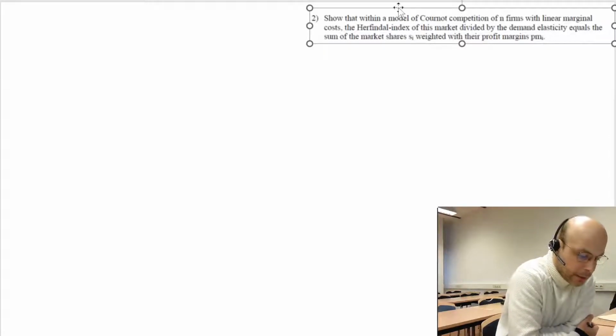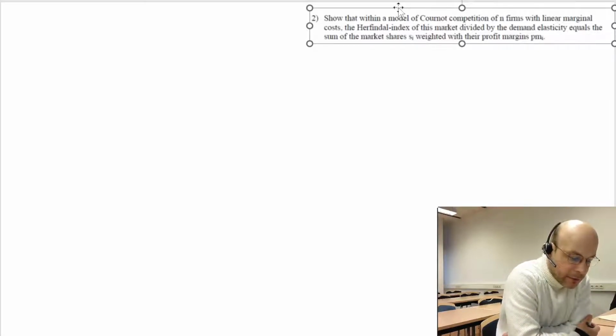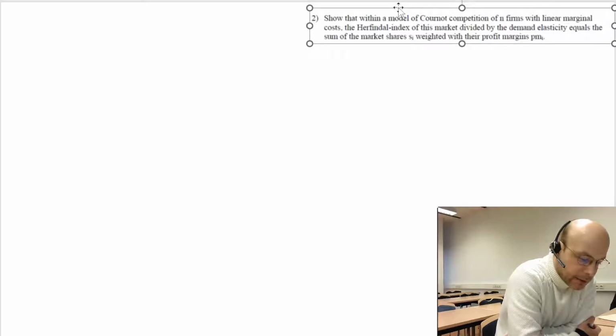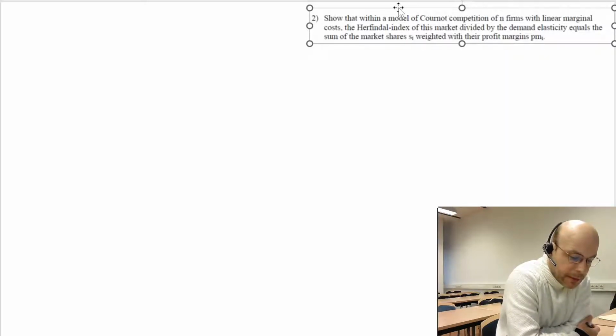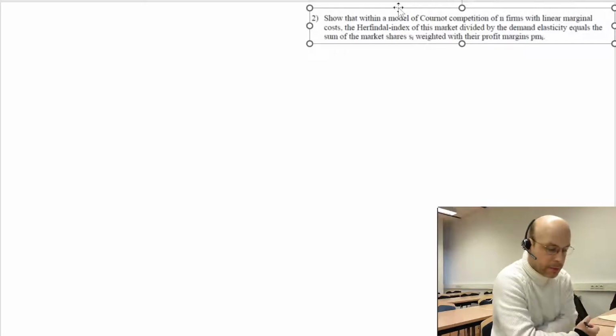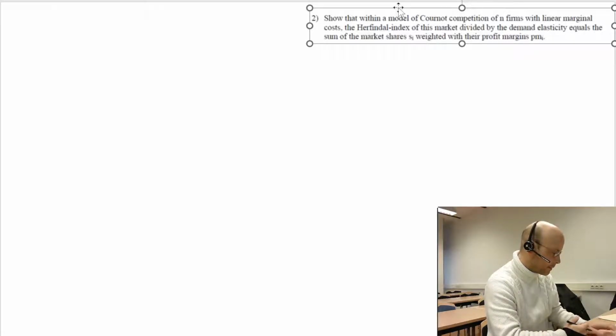So show within a model of Cournot competition with n firms with linear marginal costs, the Herfindahl index of this market divided by the demand elasticity equals the sum of the market shares weighted with their profit margins.